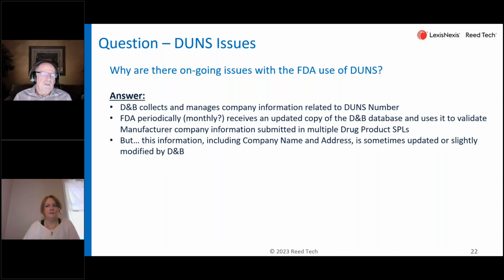And then periodically, it used to be monthly, I don't know if it's any more frequent, the FDA receives an updated copy of the Dun & Bradstreet database. Now, when a manufacturer submits data and points to the DUNS number and also puts in an address and phone number and contact information and so on, the FDA validates those submitted entries against the copy that they have of the Dun & Bradstreet database.